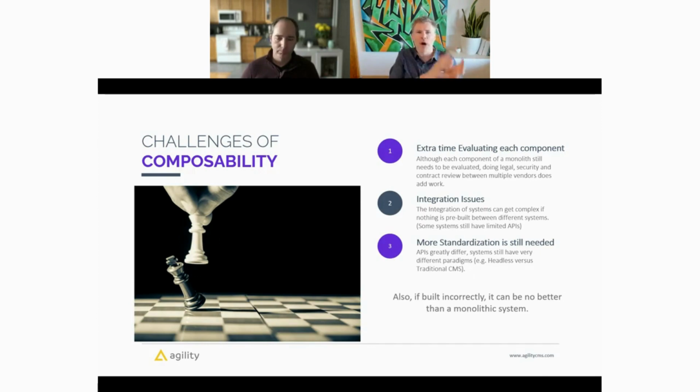Just because you take a component and lock it in, or you use it in a way that maybe isn't totally true composability, it doesn't necessarily make it a monolith. So a monolith is when you have search built into the CMS, you have e-commerce built in, marketing automation built in. You have all these components built in as a whole thing.